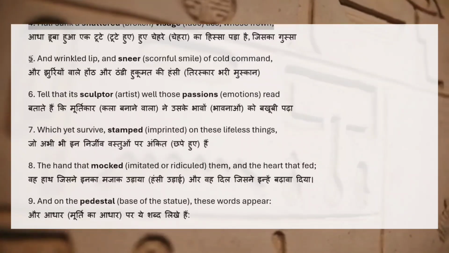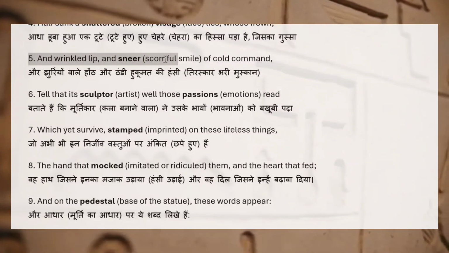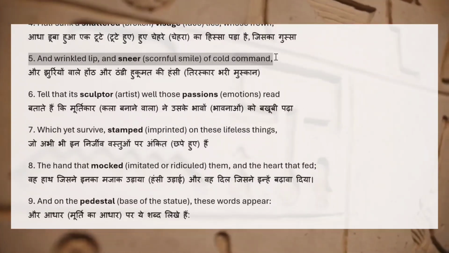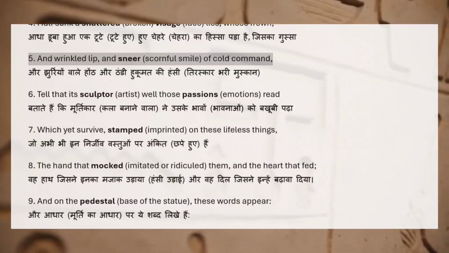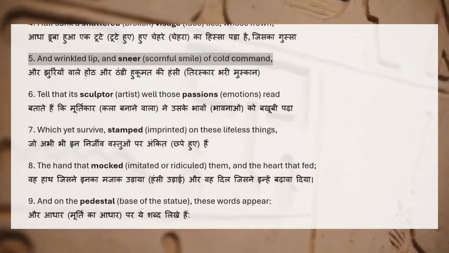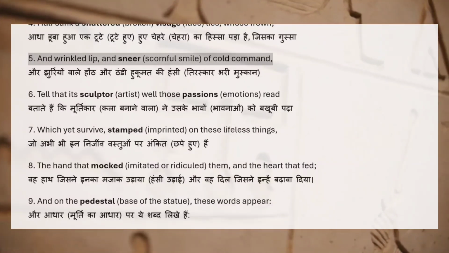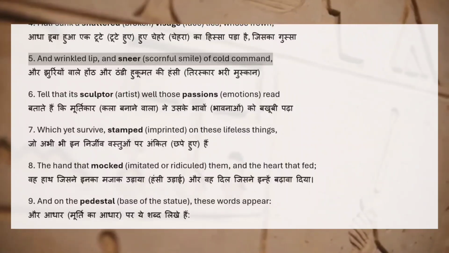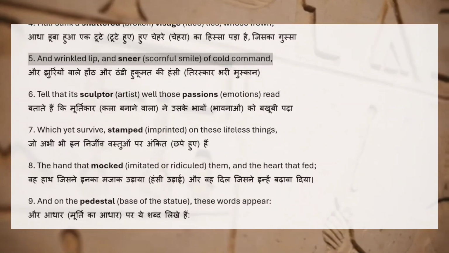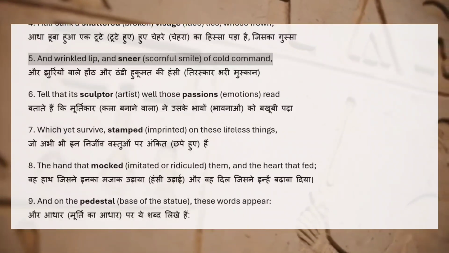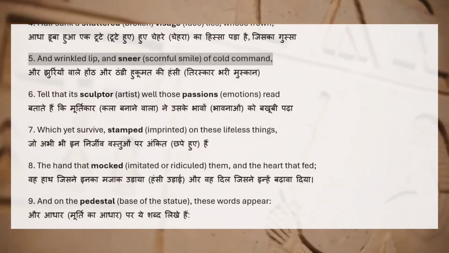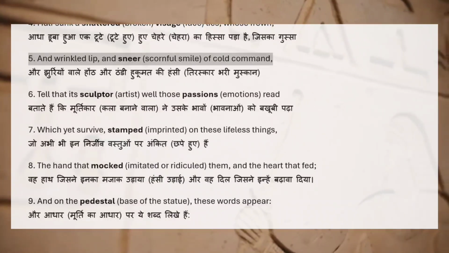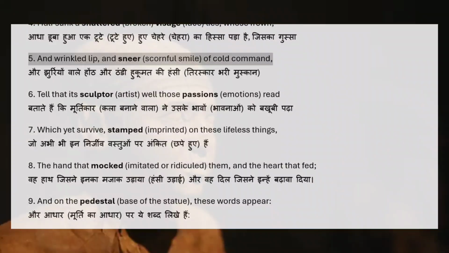Line number 5. And wrinkled lip and sneer of cold command. Here, Shelley adds more detail to the expression with the wrinkled lip, signifying disdain or arrogance, and a sneer of cold command, an expression of authority and control. This face tells us that the ruler it represents was authoritarian and scornful.